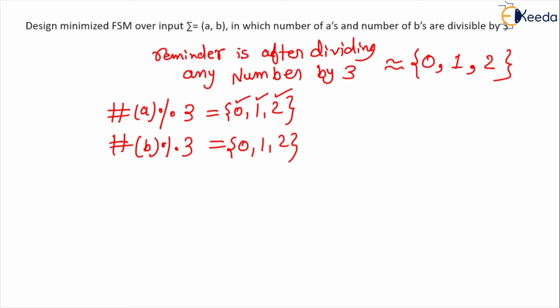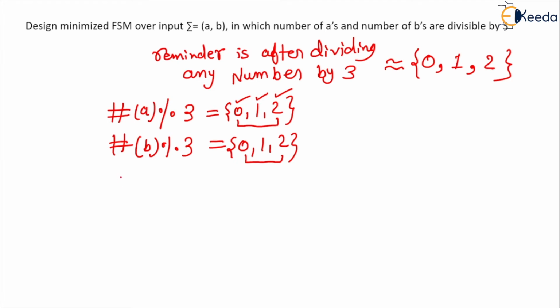In this particular condition, let us see the way to construct the finite state machine. Just remember that the possible remainders of the number of A's are 0, 1, 2, and the possible remainders of the number of B's are 0, 1, 2.